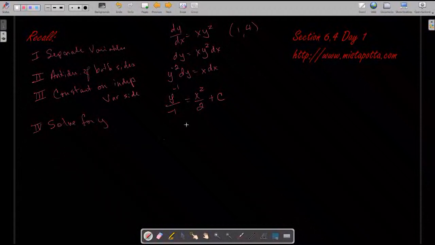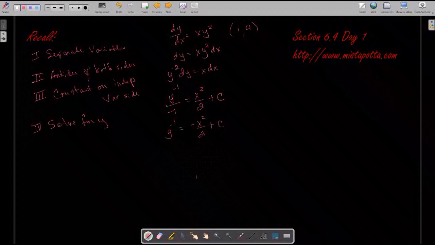So I'm going to take the negative of both sides, end up with y to the negative 1 equals negative x squared over 2. And you could put a minus c, but any constant, positive or negative, is still a constant.